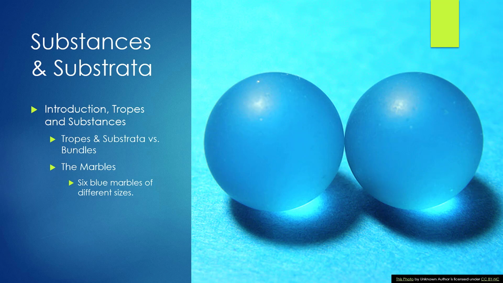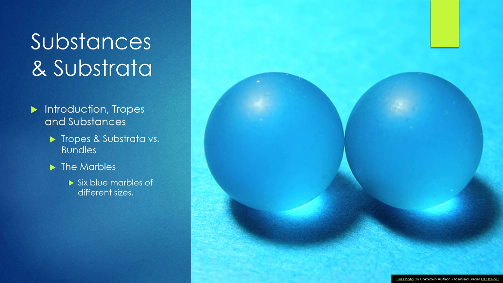Now, to set a context for discussing this matter, I went with the example of 6 blue marbles, because marbles are super exciting. So imagine we happen to have 6 blue marbles that are different sizes. Looked at neutrally, color would occur here as a type, namely there is blue, and also as a token, because there are 6 instances of blue, because we have 6 blue marbles.